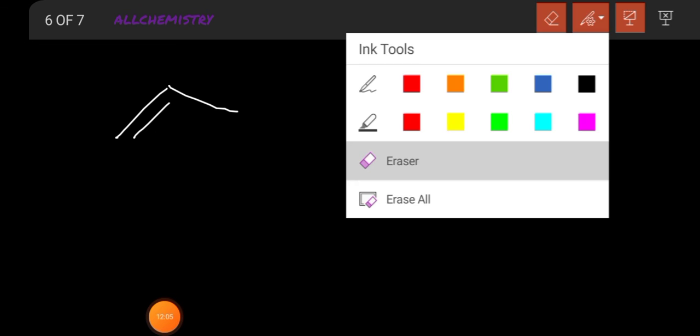Okay, the last example is this. Take it as a radical. So how to draw for a radical?